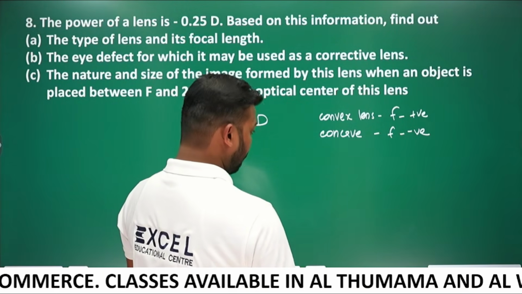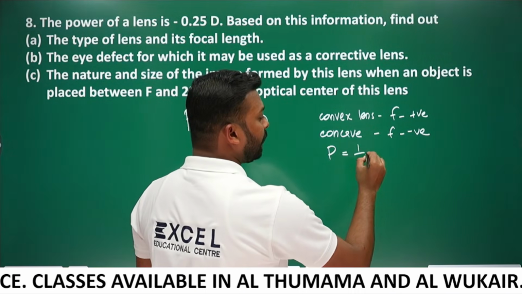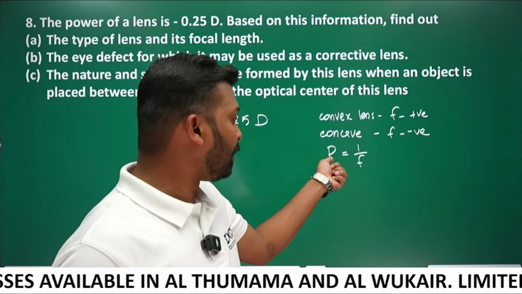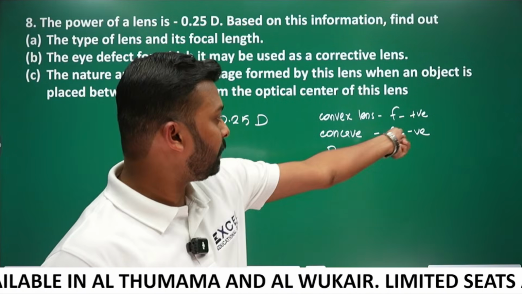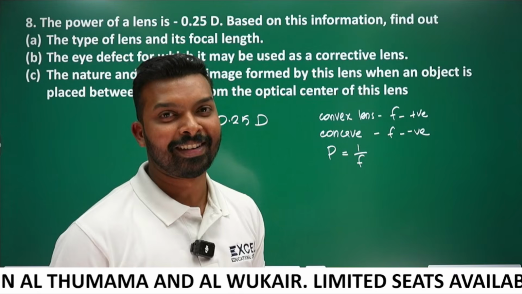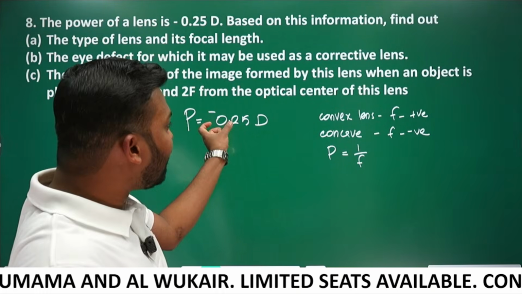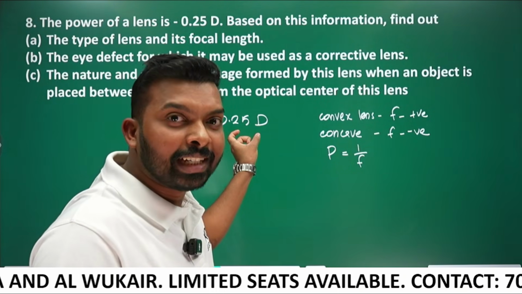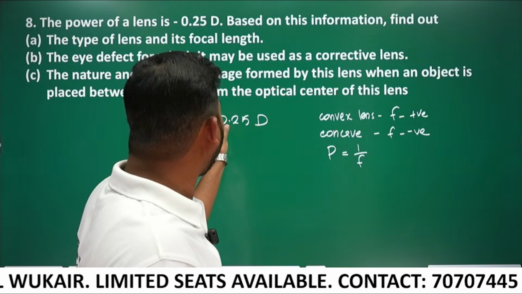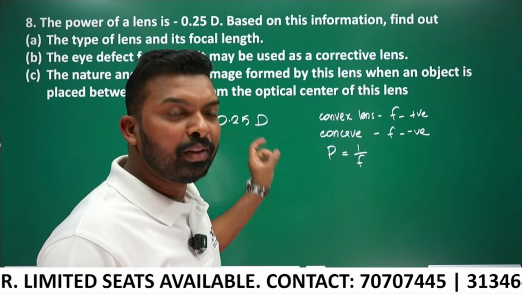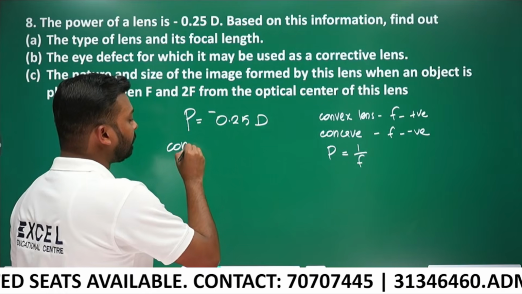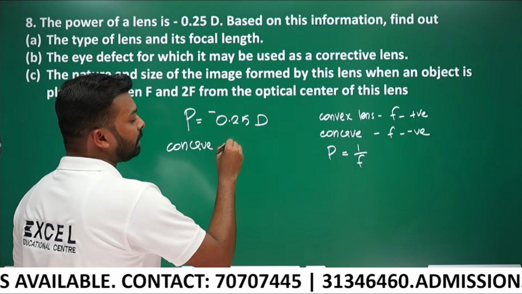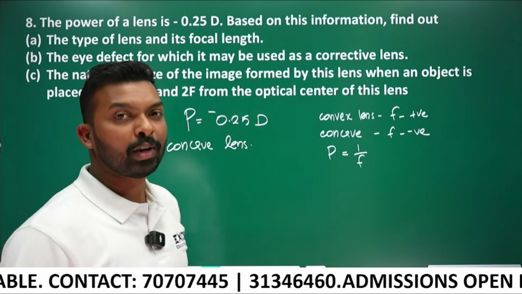We can say power is equal to 1 by f, right? So if f is negative, power has to be negative, right or not? So if the value of the power is negative, then you can clearly say it is a concave lens.